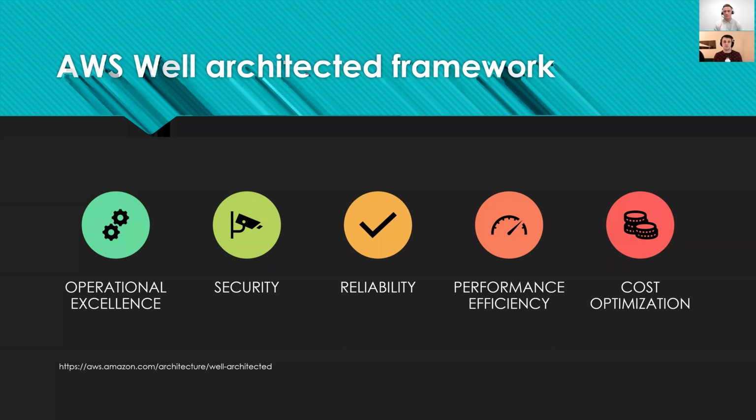All right, so my recommendation whenever you're building something on AWS is to make sure you stick to these 5 principles. These 5 principles are coming from the well-architected framework from Amazon. Link is over there. They're basically operational excellence, security, reliability, performance efficiency, and cost optimization.